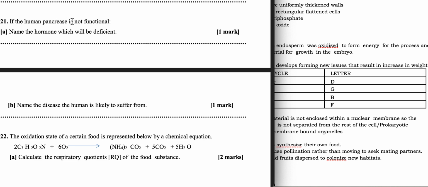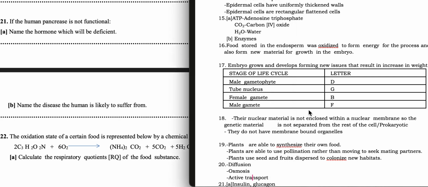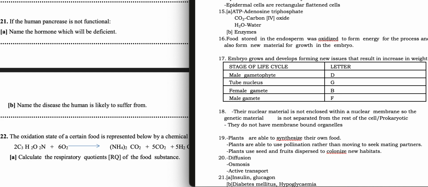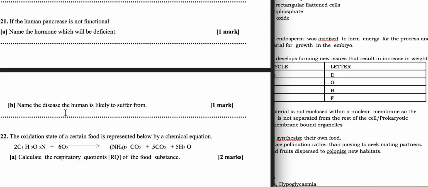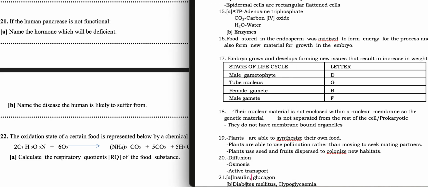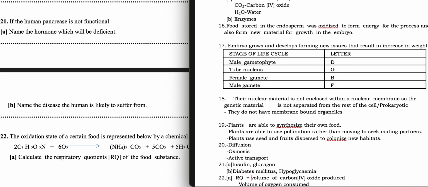If the human pancreas is not functional, name the hormone which will be deficient. Insulin, or you can just say glucagon. Name the disease the human is likely to suffer from. It's diabetes mellitus or hypoglycemia.